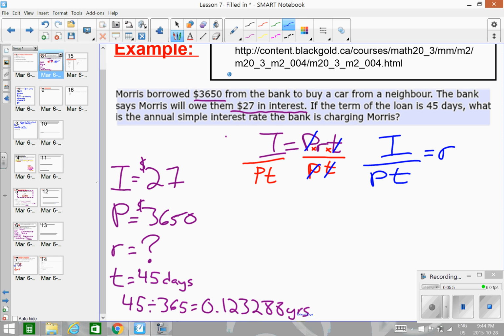So let's sub in our numbers. Our I was 27. So r equals 27 divided by our principal, which is 3,650, times our time, which is 0.123288.